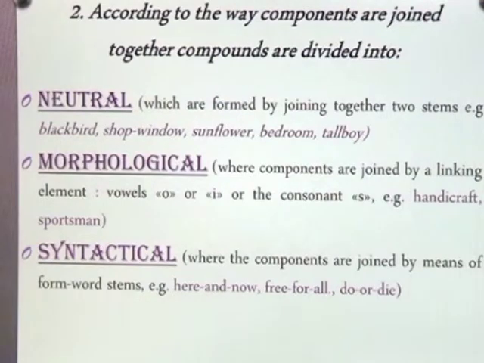And you can see the examples, handicraft or sportsman. And syntactical, where the components are joined by means of form word stems, for example, here and now, free for all, do or die.